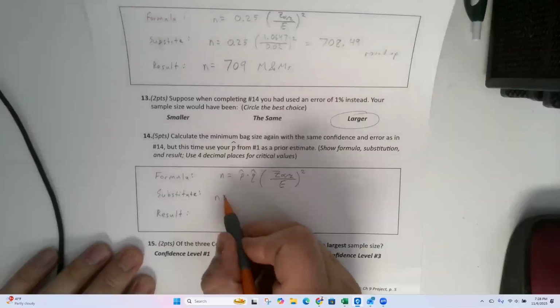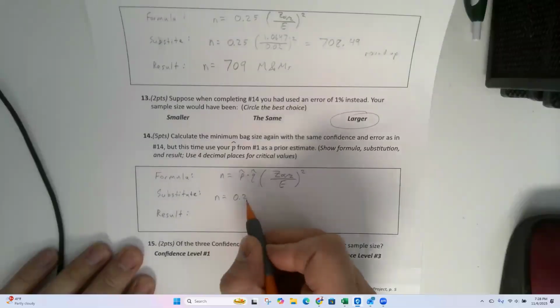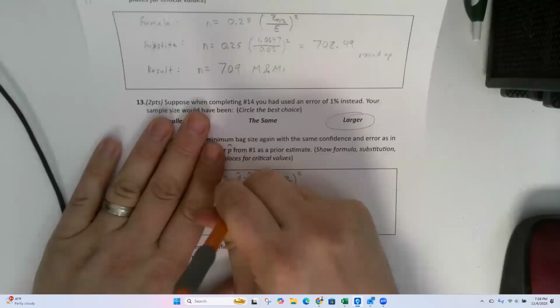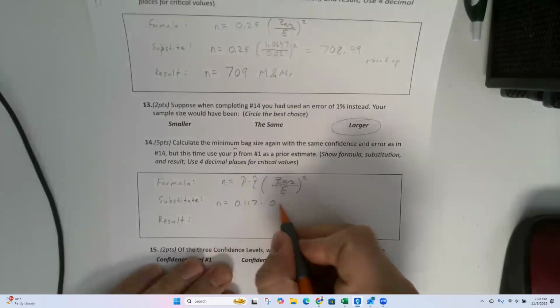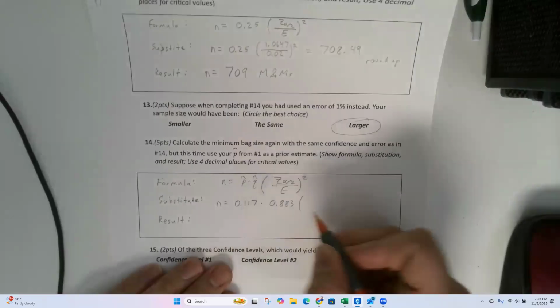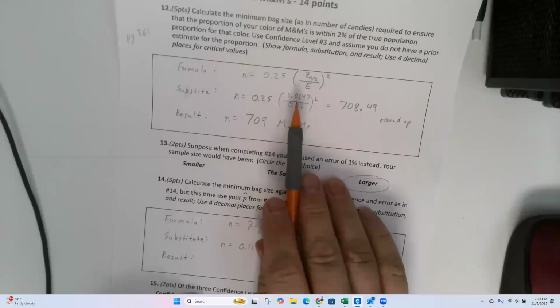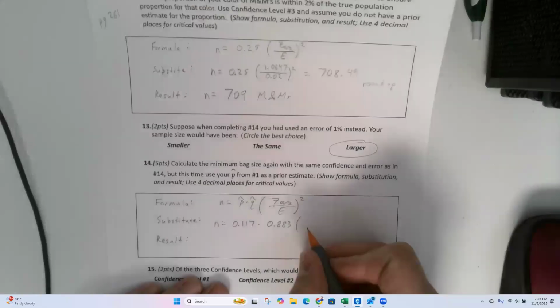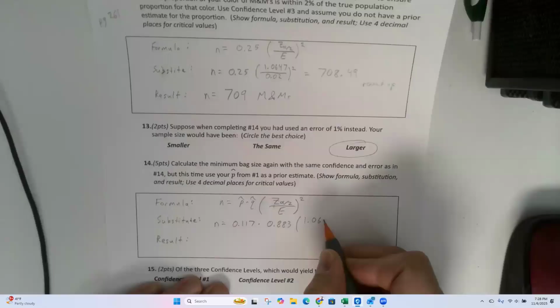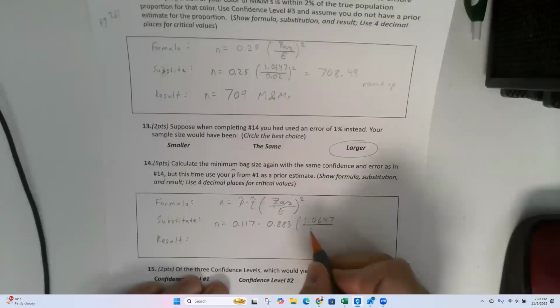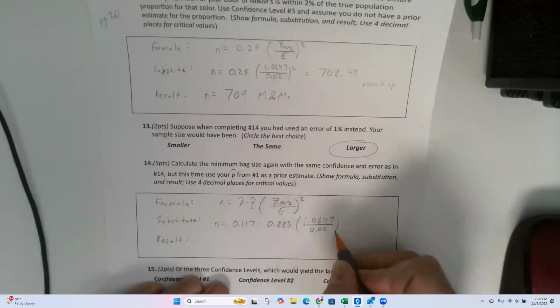All right, so 0.2, no, sorry, M&Ms. We're doing M&Ms. 0.117, 0.883. Z alpha over 2 is the same here. Okay, so you don't have to go back and redo that because we're going to keep the same error rate, 0.02 squared.